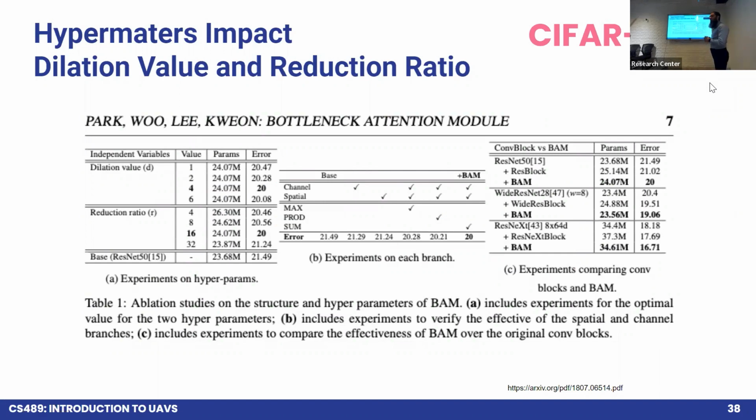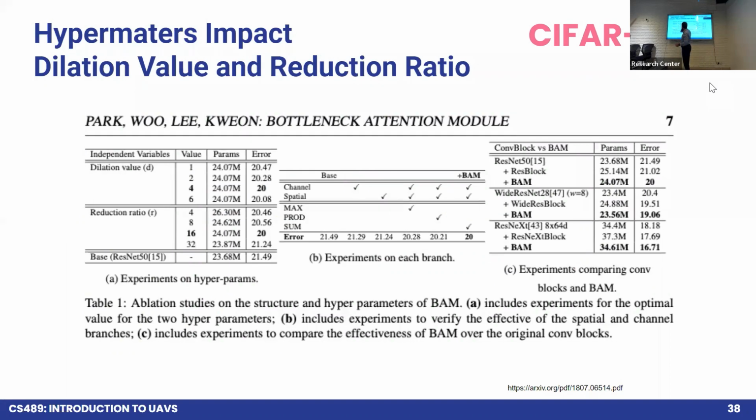So they made very nice analysis for their algorithm. So first of all, they started with hyperparameter impact. They analyzed different dilation values, starting with 1, 2, 4, and 6.